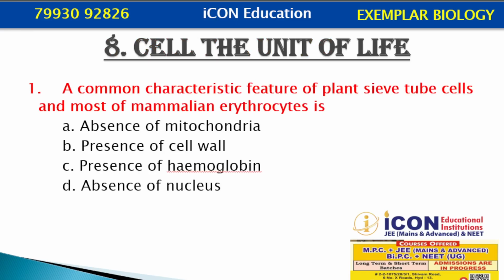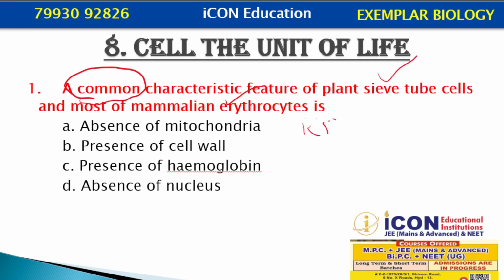Question number 1. A common characteristic feature of plant sieve tube cells and most of the mammalian erythrocytes is. So here the key word asks for the common characteristic which is seen both in the plant sieve tube cells and most of the mammalian erythrocytes.